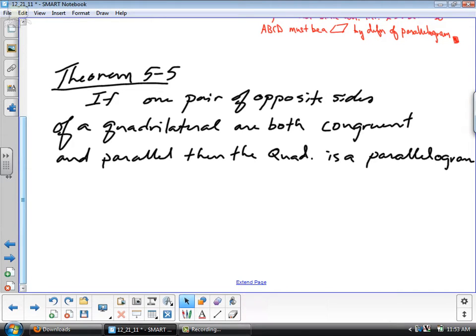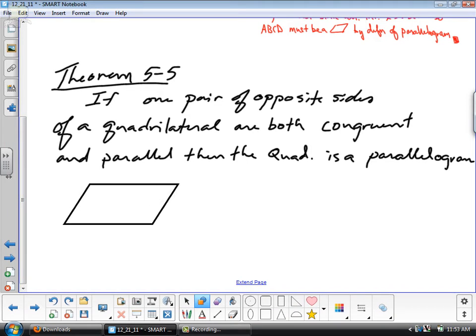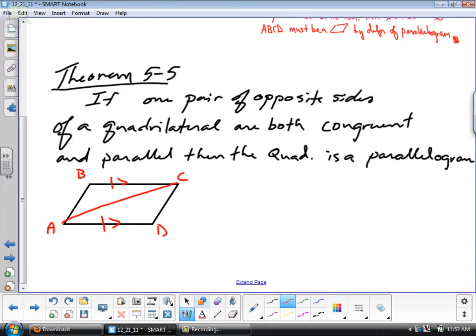So this time when we draw our parallelogram, we can pick which pair of opposite sides we want to work with. We're going to have one pair that are both congruent and parallel. Again, we're going to want to work with a diagonal here. And this time we have a choice of ways to show that this is a parallelogram.